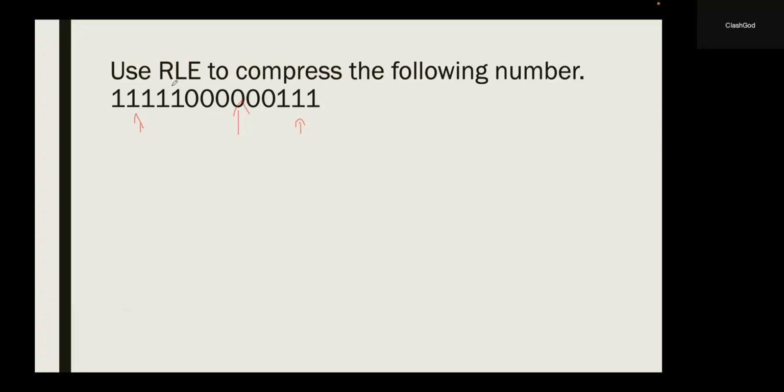The completed RLE compression for this number is 5, which is the index, followed by 1, because there are 5 ones. 6, because there are 6 zeros, followed by 0. And 3, because there are 3 ones, followed by a 1. So this is the number that you have changed this huge wordy number into. Easily changed into a simple 6-digit number from this huge, disgusting number.